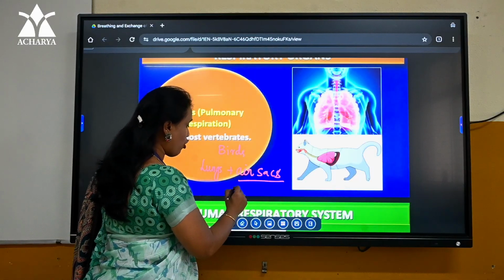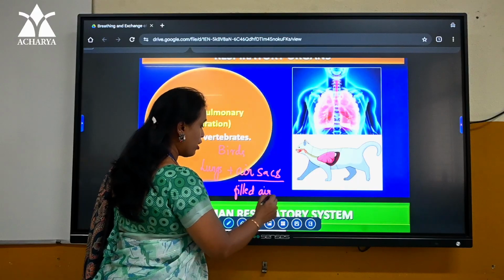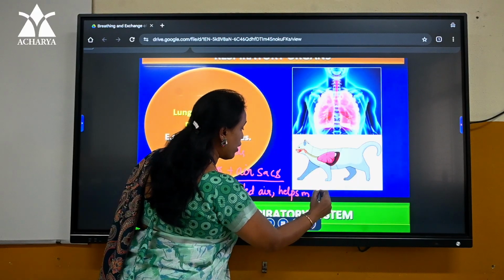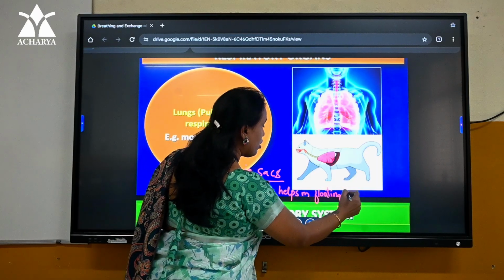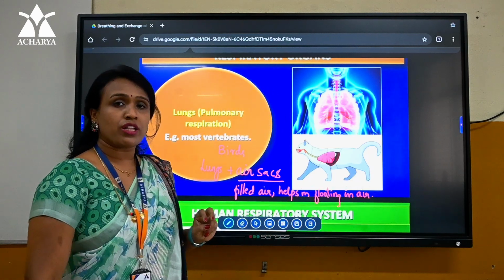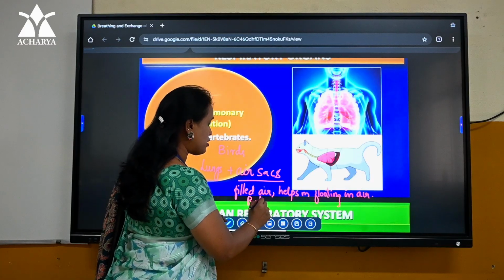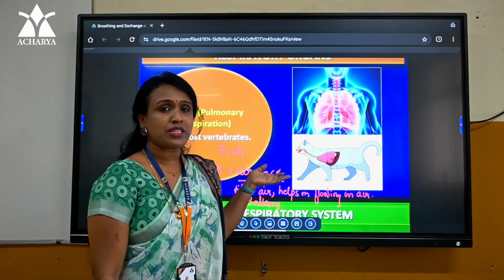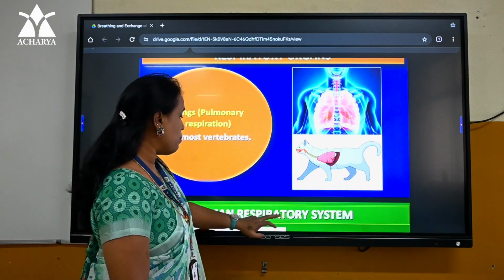These air sacs are always filled with air and help in floating or buoyancy when they are in the air. They help the birds float in the air, and air sacs act like balloons. Like how we see balloons float in the air, in the same way these air sacs compensate for the lungs. That is one thing with respect to birds.